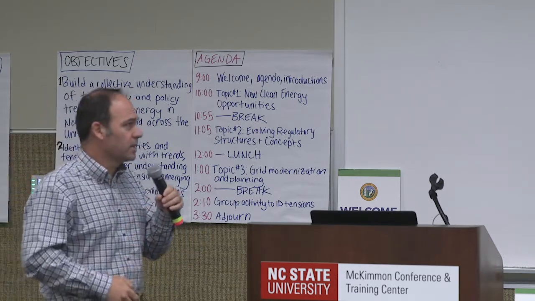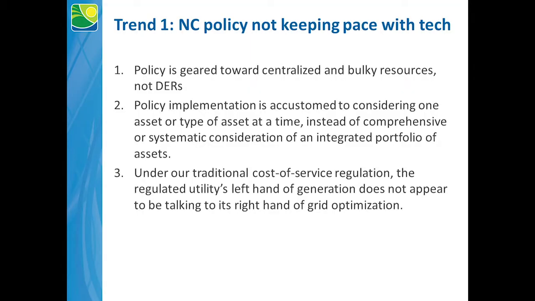So unpacking that first one, policy really seems to be geared towards centralized and bulky resources, not distributed energy resources. Those have really come into being least cost, cost-effective, understanding how they impact reliability in the last decade in North Carolina. Policy implementation is accustomed to really considering one asset at a time, or one type of asset at a time.